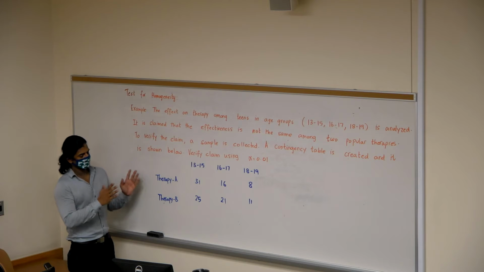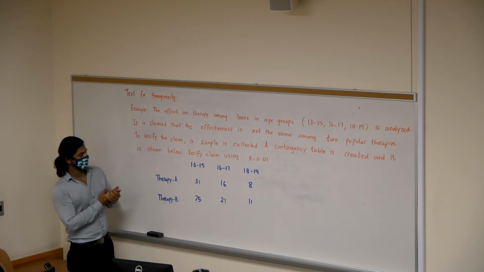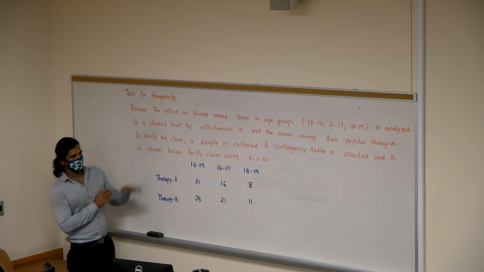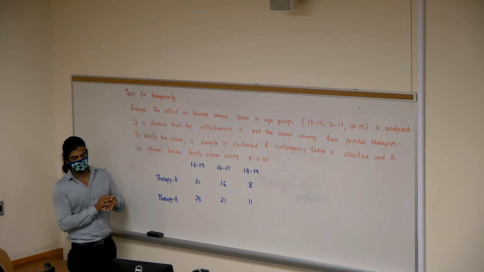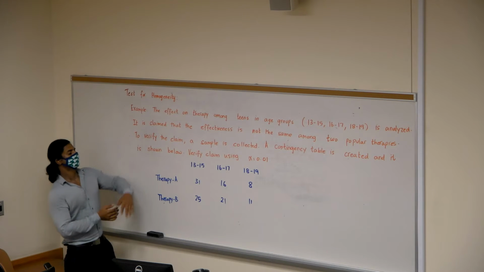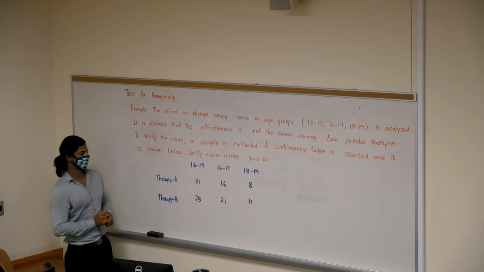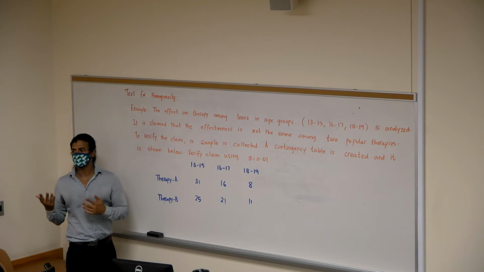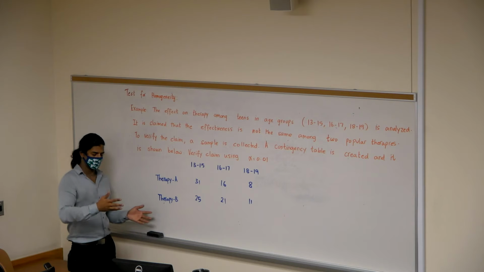We want to verify the claim that the effectiveness is not the same among the two techniques, in the sense that one of them is better than the other. How is this very similar to a chi-square test of independence?